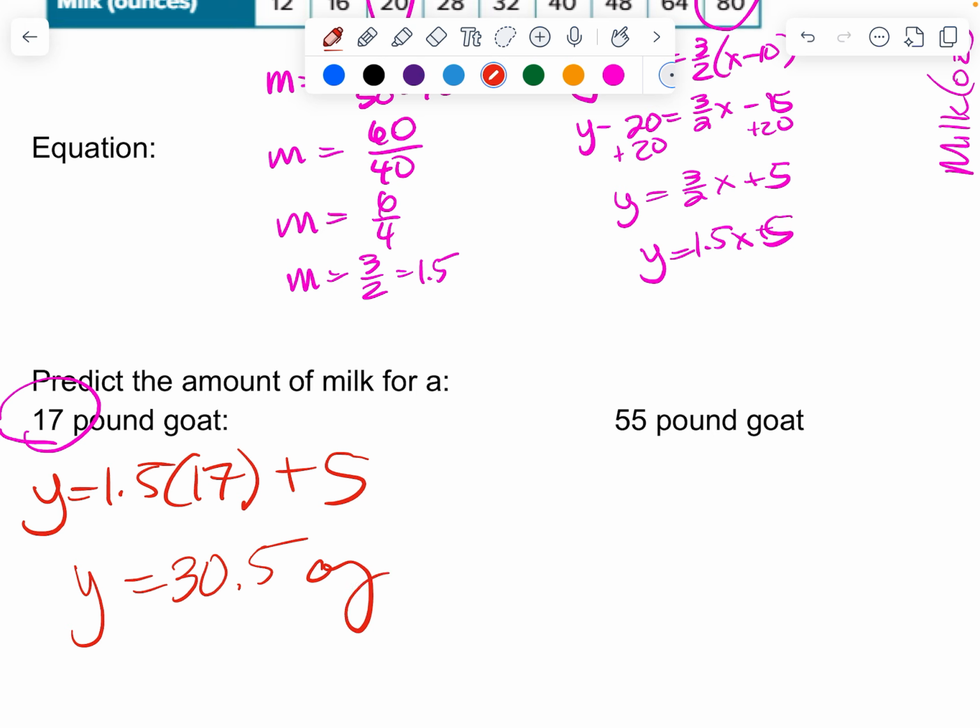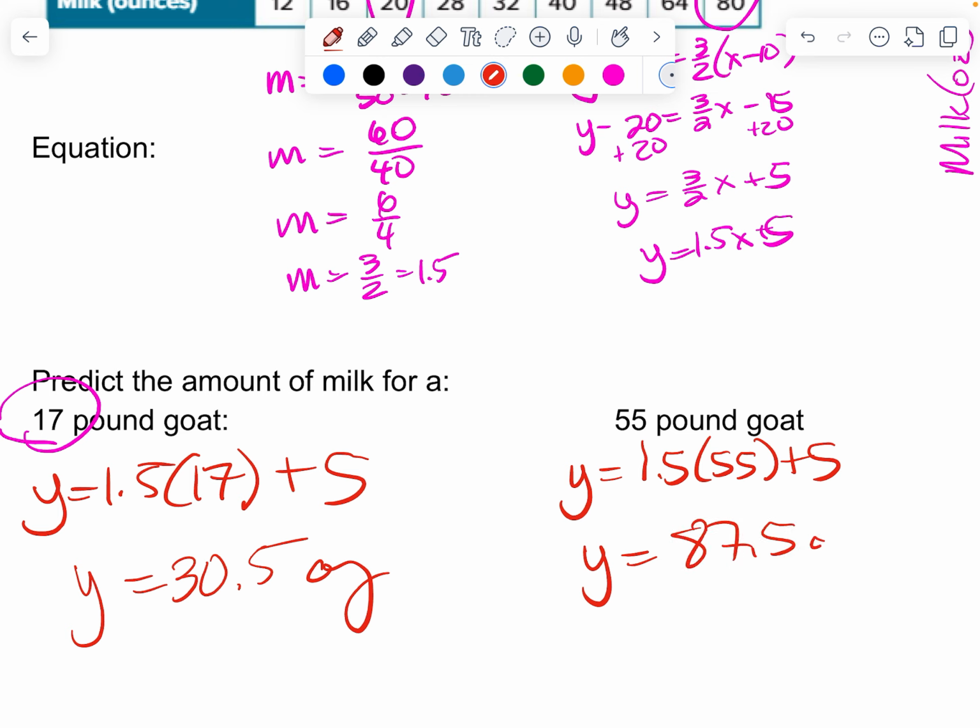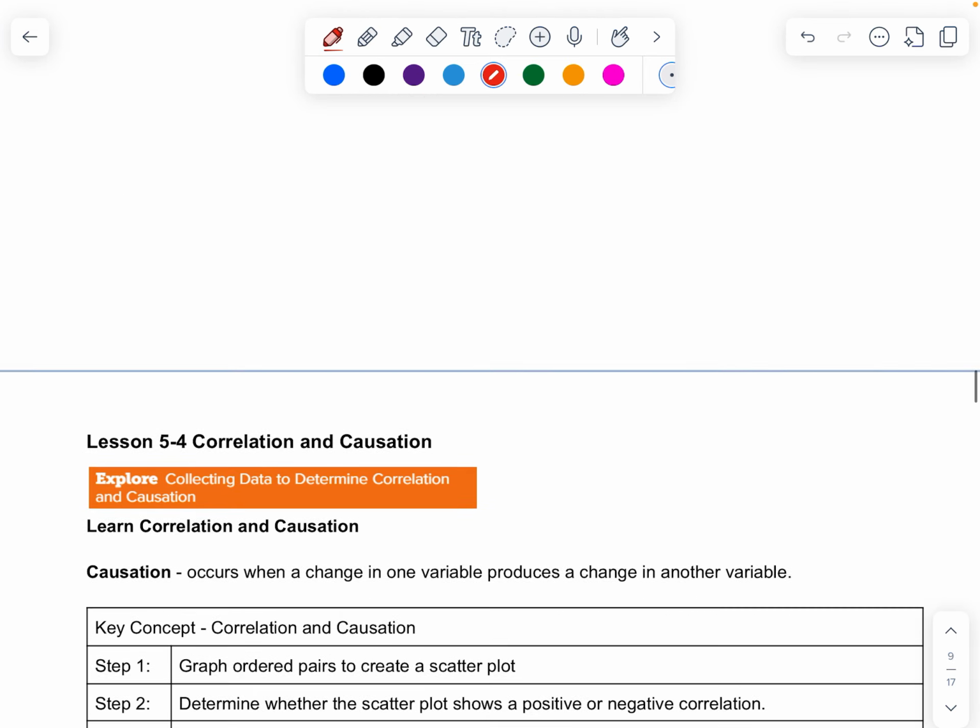Okay, so this one I plug in 55 to find out how many ounces. So I plug in my calculator and I get 87.5 ounces.